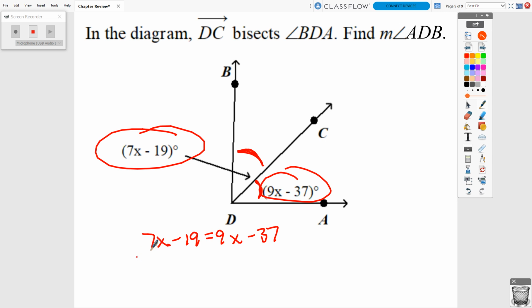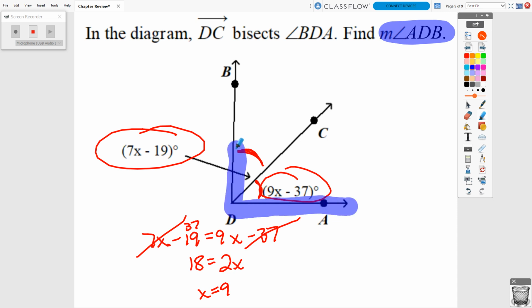and subtract the 7x over to the 9x and get 2x. Add the 37 over to the 19 and get what? 18? So then x equals 9. Now, in the end, what do they want to know? What is the measure of angle ADB, which is the whole big angle? So now I need to plug my 9 into really either angle.